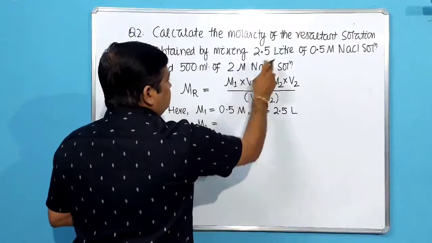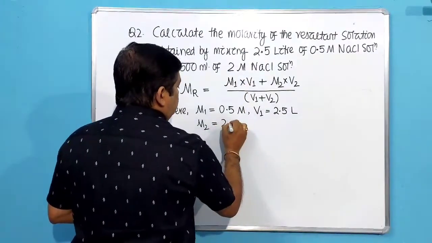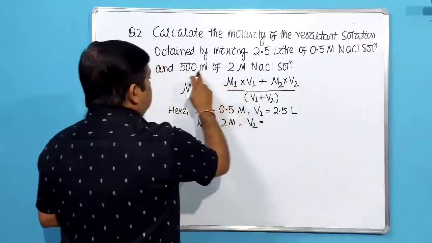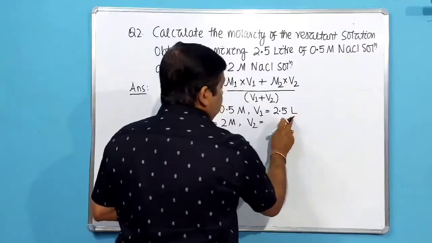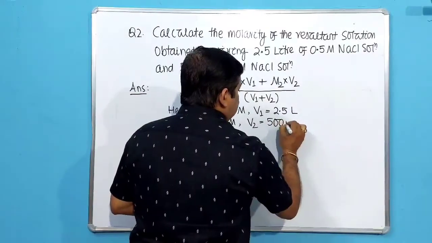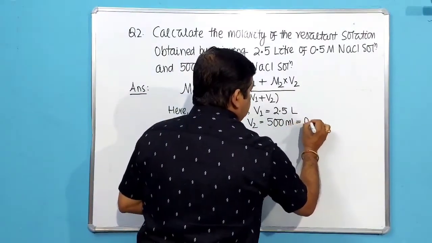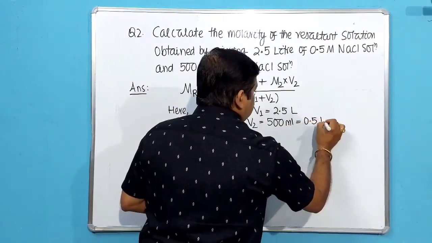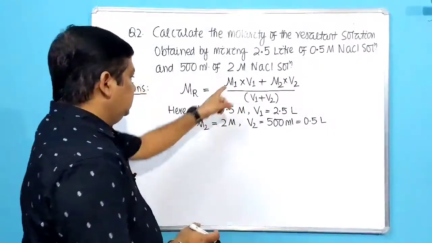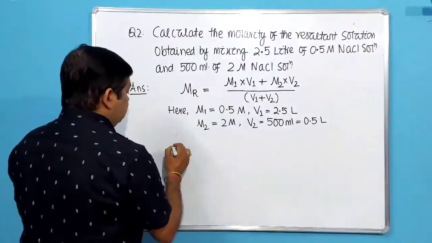Second solution molarity is 2 M. What is V2? Second solution volume is 500 milliliter. Because we are taking liter, 500 milliliter means 0.5 liter. We have to convert them to the same unit. Then we will apply the formula here.